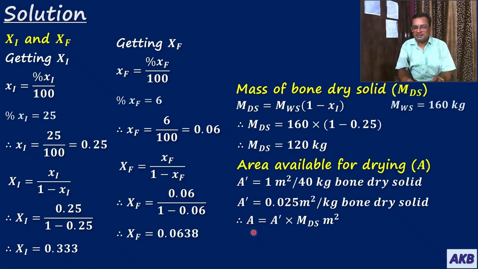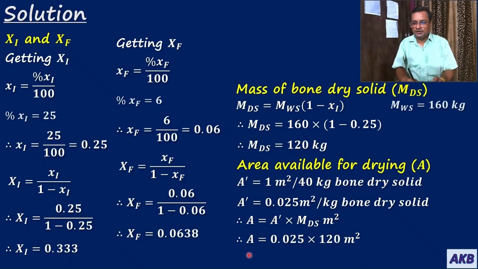So A will be equal to A dash into MDS, and we are going to get it in meters square. So therefore capital A will be equal to 0.025 into 120, and that gives us A as 3 meters square. So therefore area that is available for drying, it is 3 meters square.